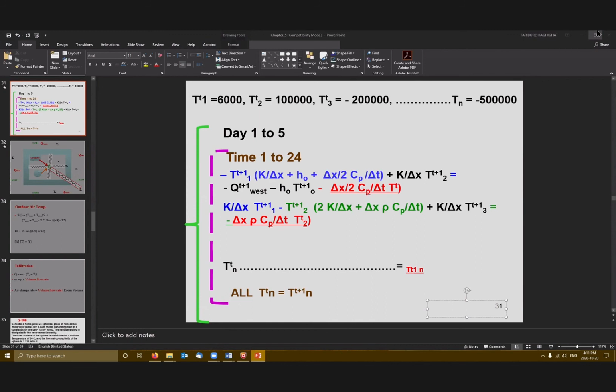Minus 20,000, 200,000, minus 60,000. The effect will disappear. If your program is correct, the effect disappears after 5, 6, 7 hours. That's why they call it the initial value. If you go through the time, the effect of the initial value will disappear. You see, when we are dealing with a differential equation, we have initial value and boundary condition. The initial value only affects the first part of the problem. After that, it disappears.